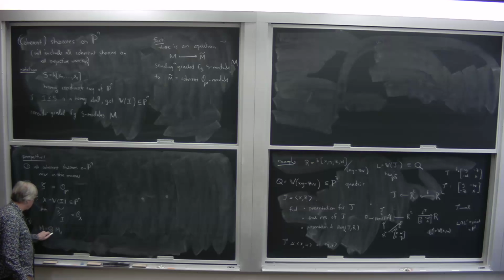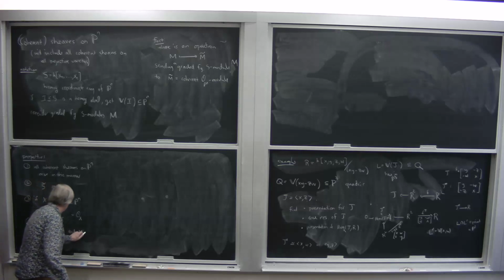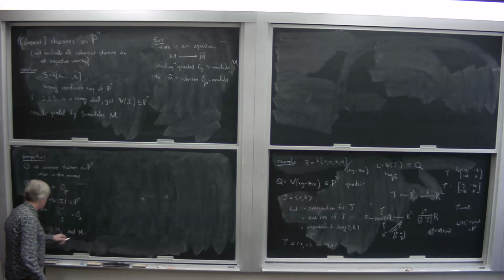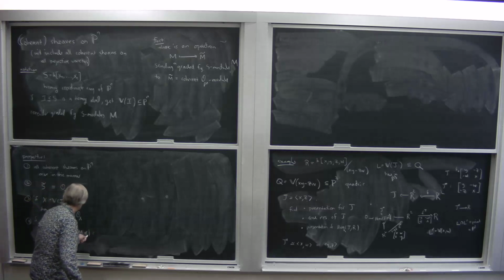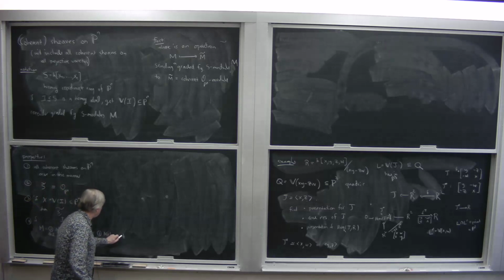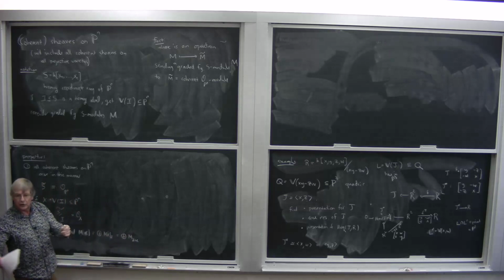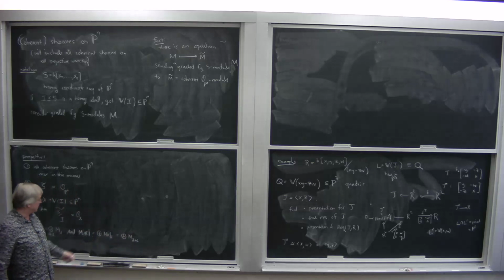If M is that, and M shifted by e, is the same thing, but the things in degree d in this module are equal to M in degree d plus e. So it's the same module, just shifted over a degree one way or the other; I always have to figure out which direction.